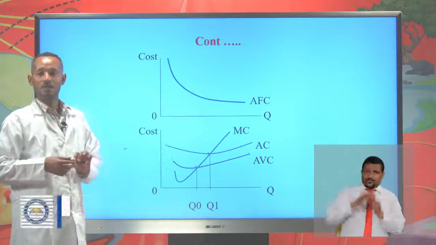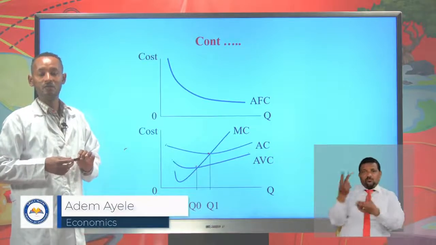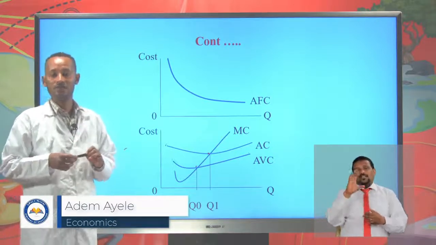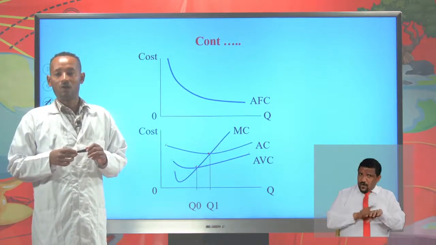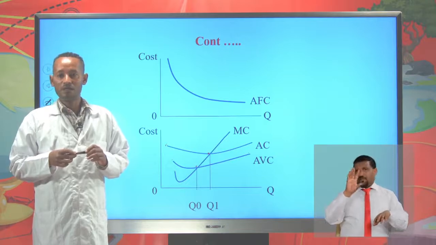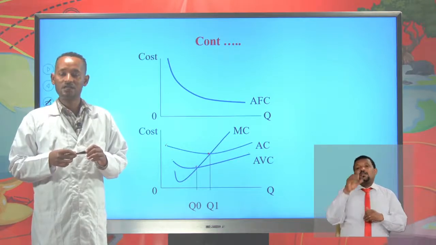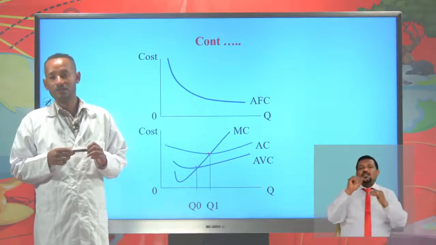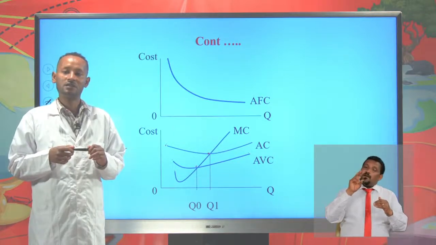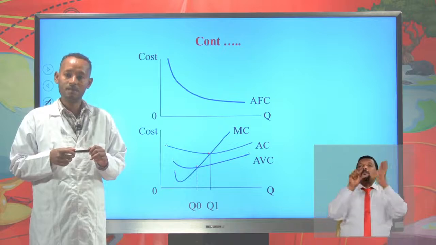So, the three relationships between the MC and the AC or the AVC curves are: whenever AC or AVC is above MC, AC or AVC decreases. Whenever MC equals AC or AVC, then AC or AVC is at its minimum.